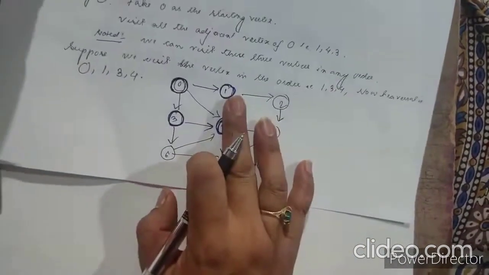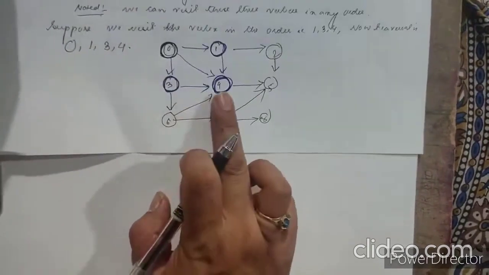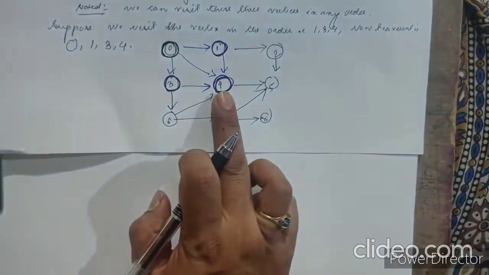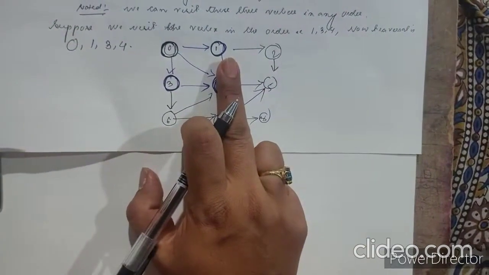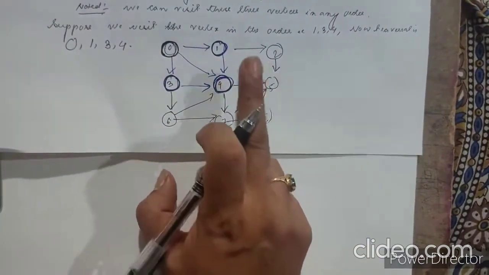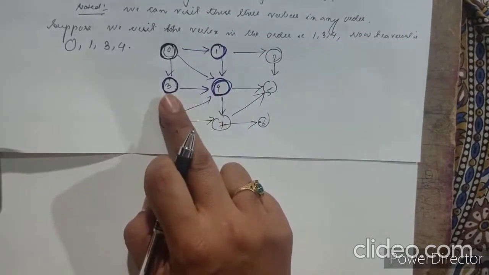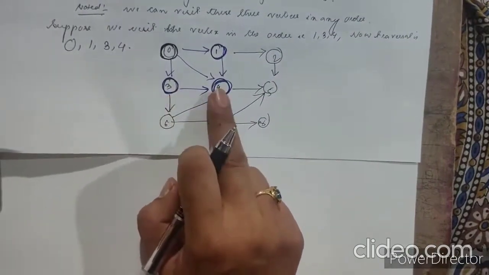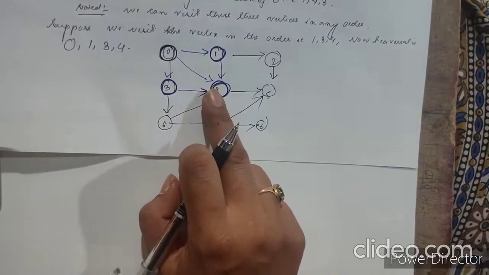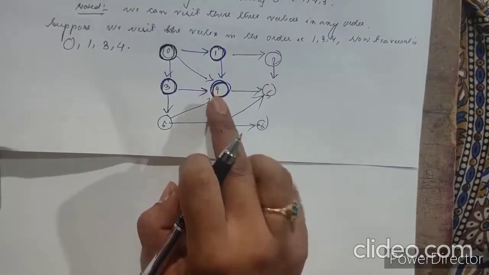So you have to note it down that vertex 4 is adjacent to vertex 1, right? Vertex 4 is adjacent to vertex 1 and vertex 3. Got it? 4 is adjacent to 1 and 3, but it has already been visited, so we ignore it.